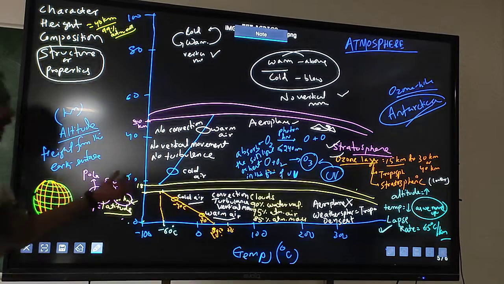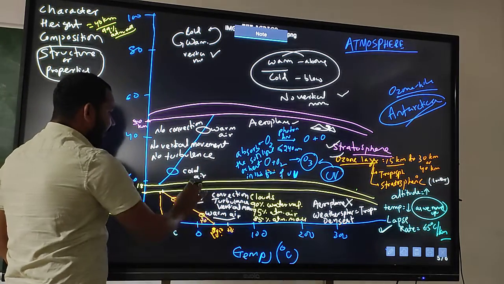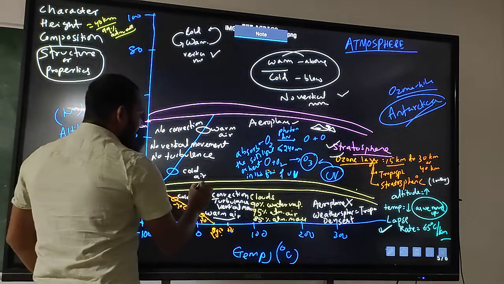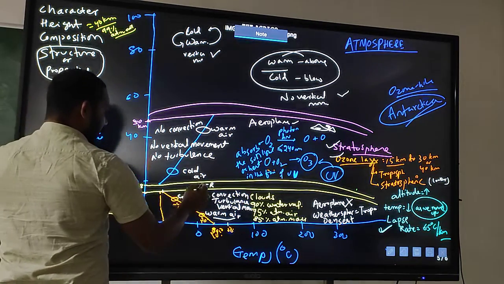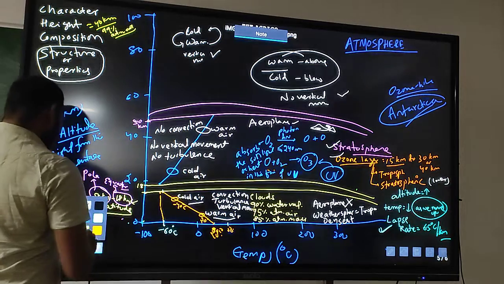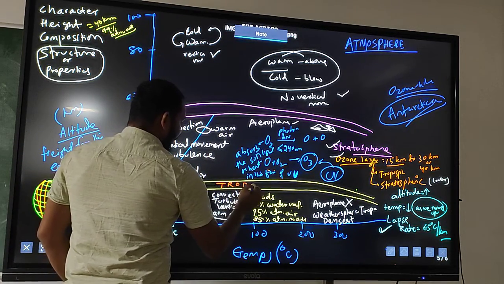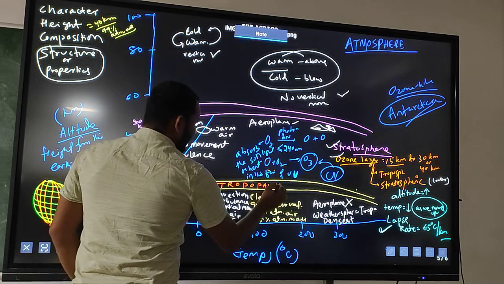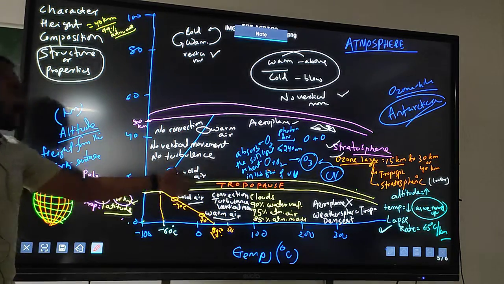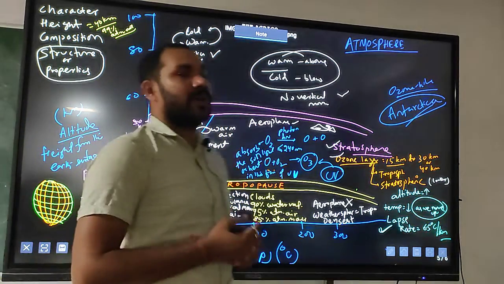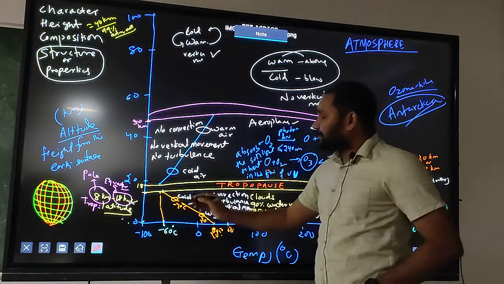Now you can see there is a zone between the stratosphere and the troposphere. This is known as the tropopause. The tropopause is the transitional zone between the troposphere and the stratosphere.